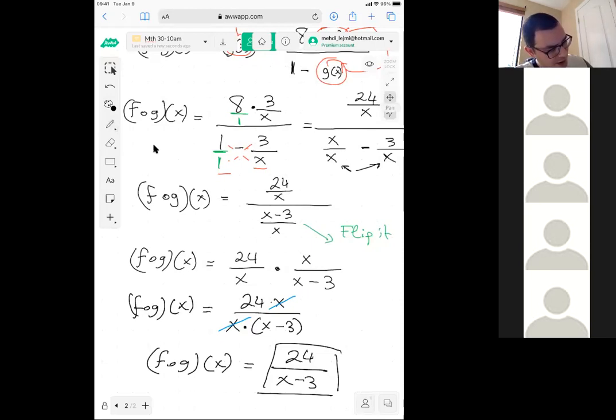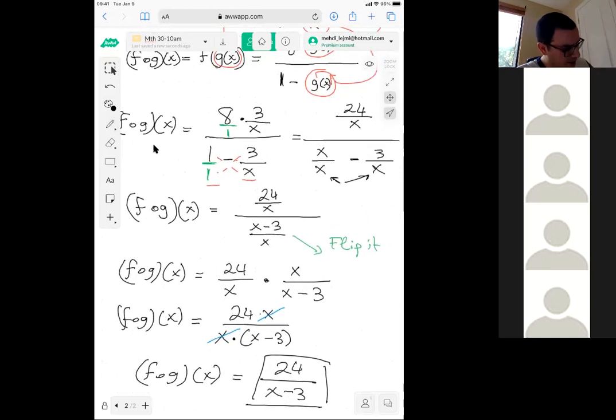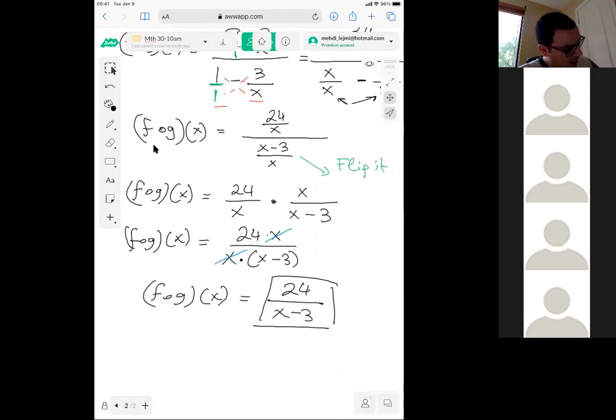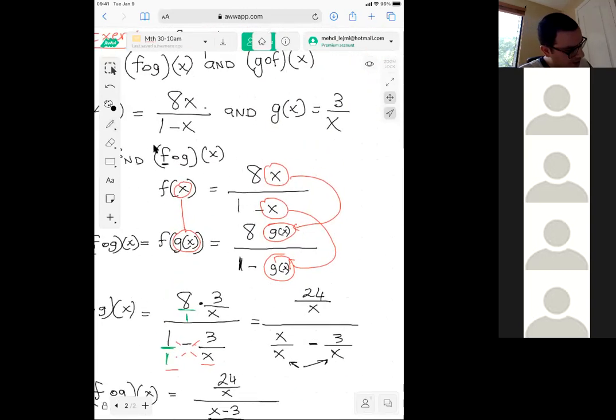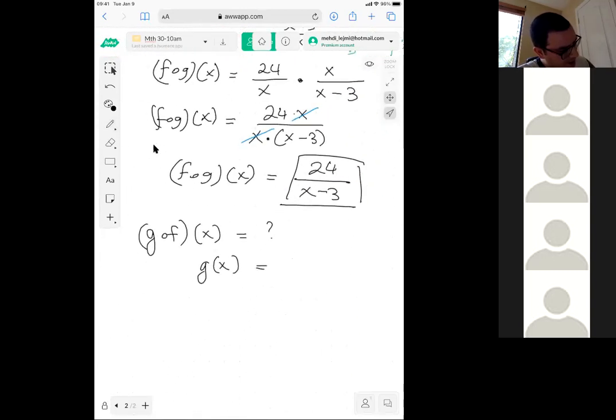Now let me just quickly, in 10 seconds, compute g of f of x. So your g of x is 3 over x.